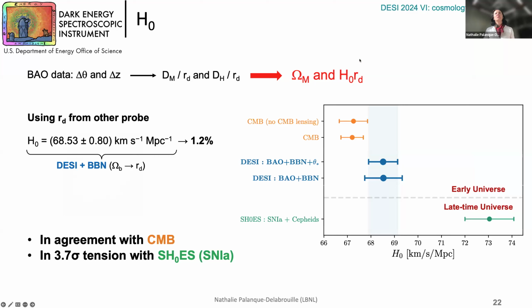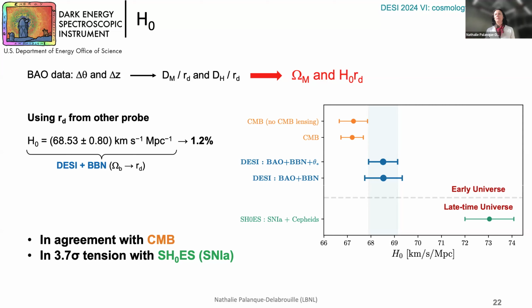So DESI alone only constrains the product of H0 times rD, because DESI measures angles and redshifts, so dimensionless quantities. To actually constrain H0, we need to add additional information coming from other probes. We can use, for instance, the study of Big Bang nucleosynthesis, which is the study of the light elements that are formed in the early universe. By using Big Bang nucleosynthesis, we can actually constrain the density of baryons.